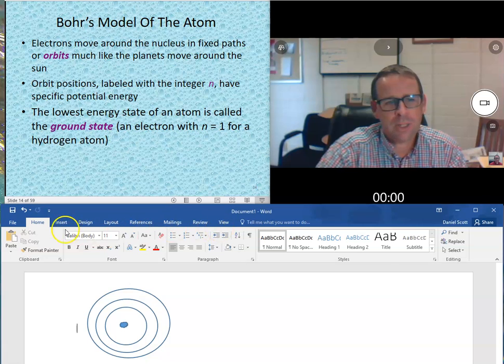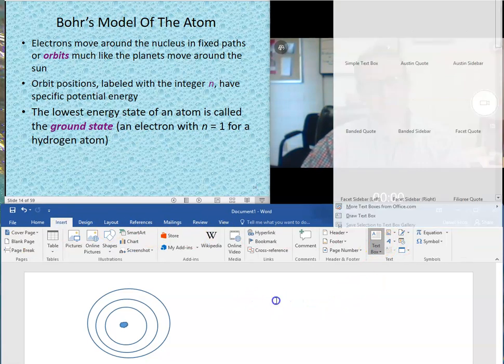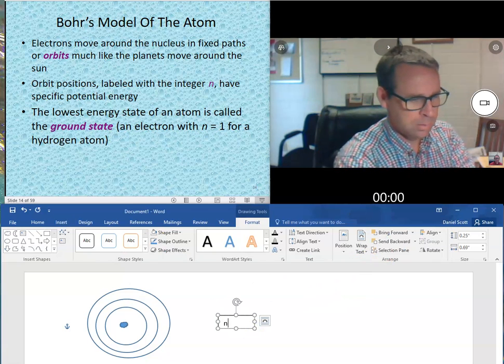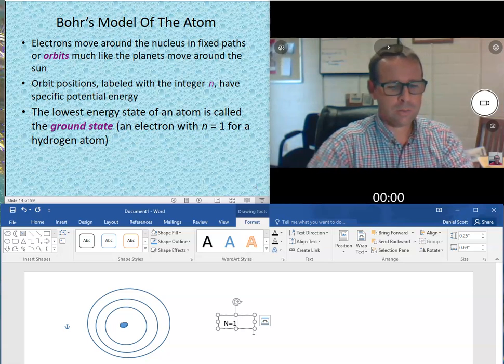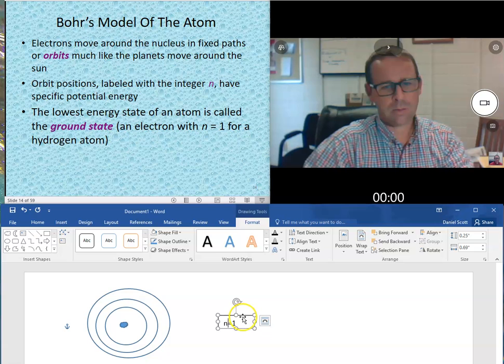So let me draw a text box here. N equals 1, whoops, lowercase n. All right.